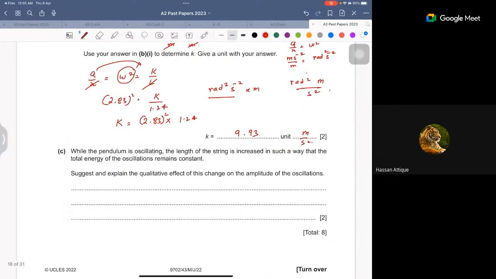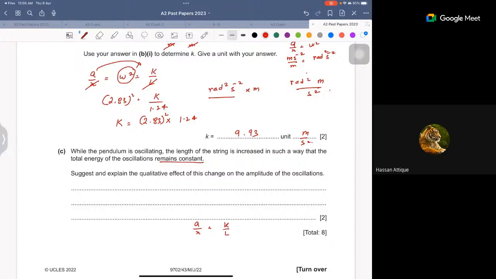Okay, never mind. When the pendulum is oscillating, the length of the string is increased in such a way that the total energy of oscillation remains constant. So let's explain the qualitative effect of the change of the amplitude of the oscillation. Oh, I understand. If you look at the formula, it is a upon x equals k upon L, right?